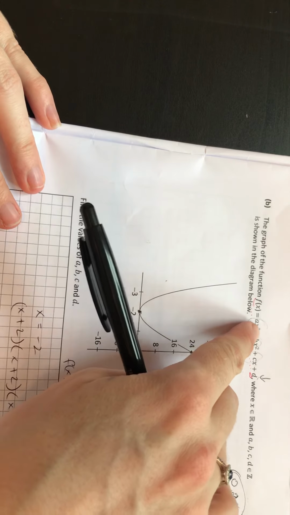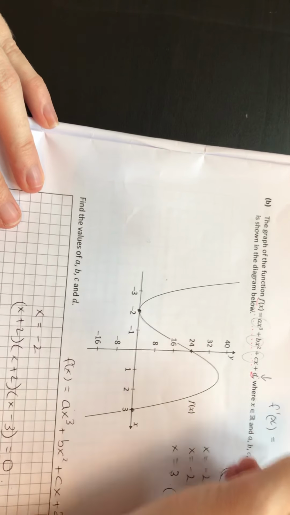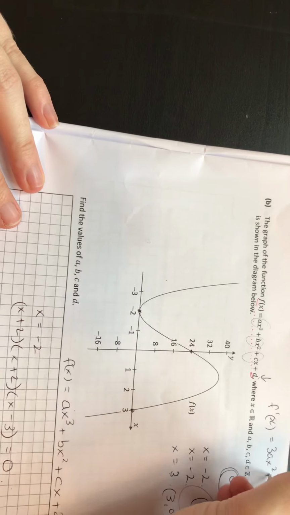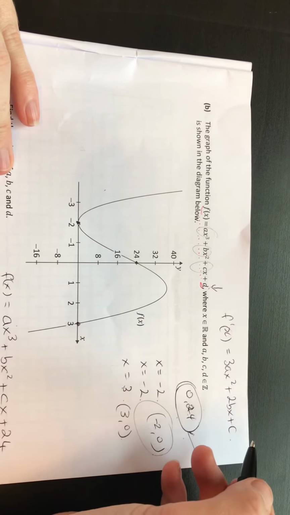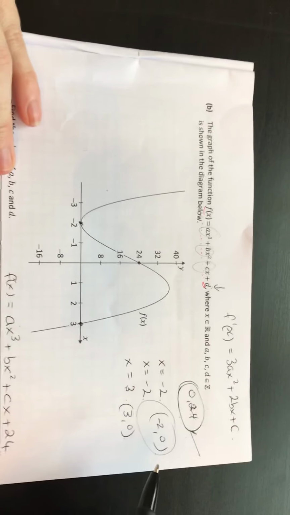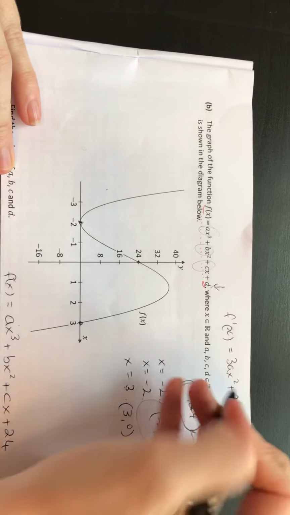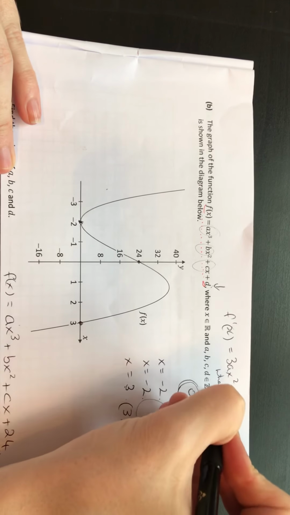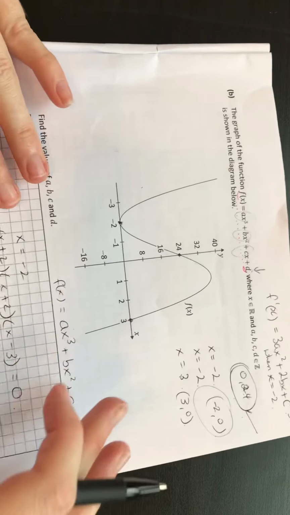You could differentiate this, so f dash of x could become 3ax squared plus 2bx plus c. When you have a turning point, the slope is 0. So that's equal to 0 when x is minus 2. So you could use that information, find your third one, and then you'd be solving three simultaneous equations.